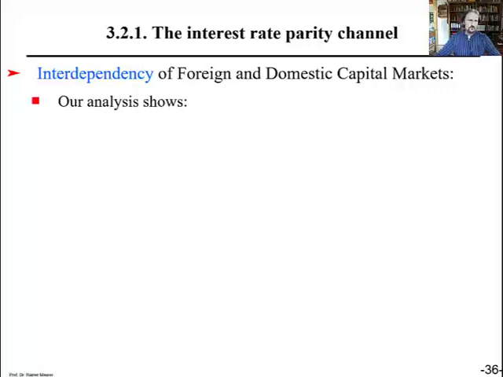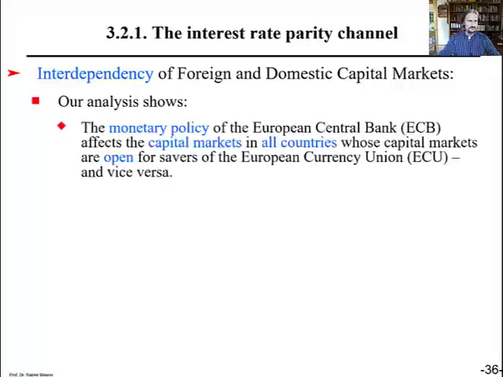This analysis shows that there is an interdependency of foreign and domestic capital markets. The monetary policy of the European Central Bank, for example, affects the capital markets in other countries whose capital markets are open for investors of the European Currency Union.